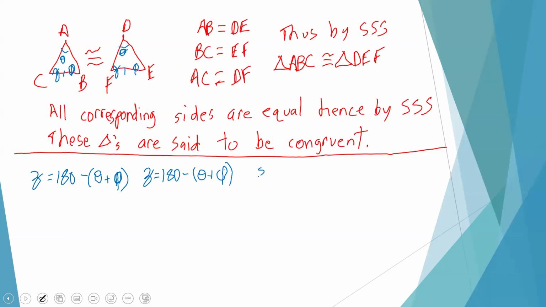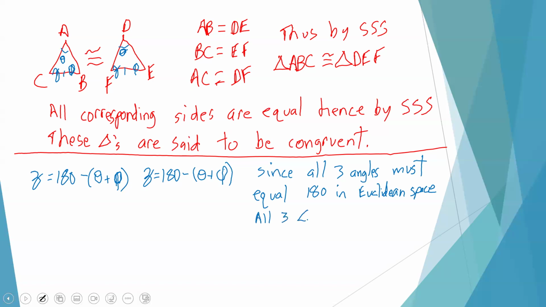I would know since all three angles must equal 180 in Euclidean space, all three angles must be equal.